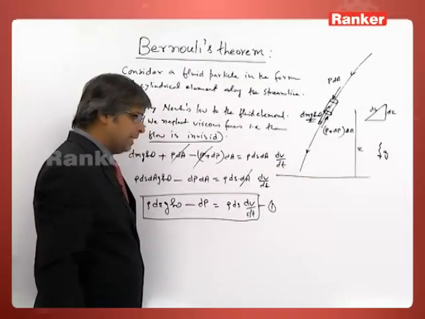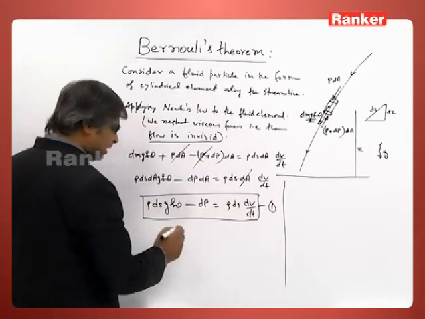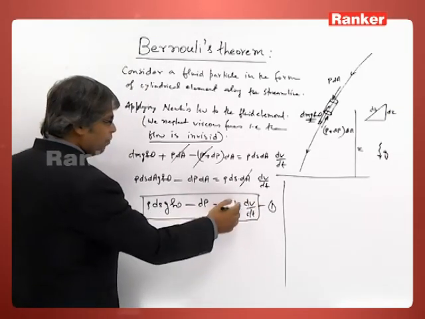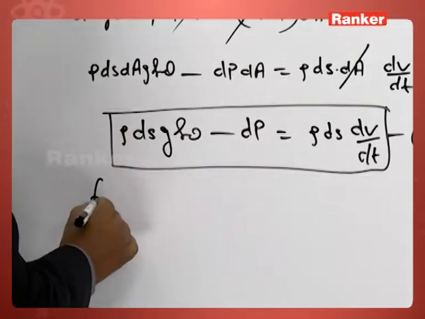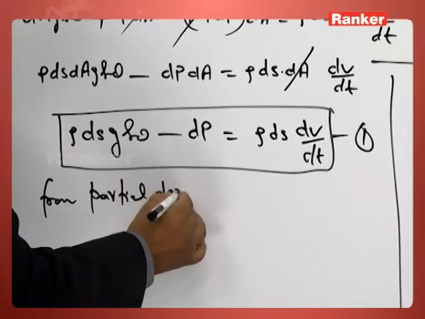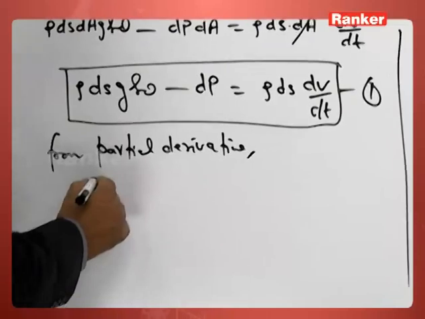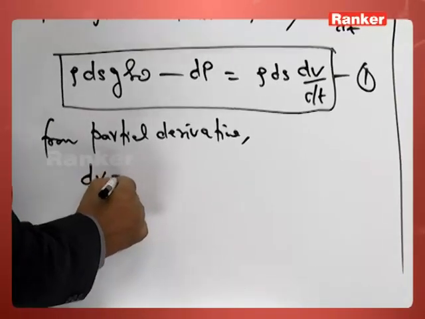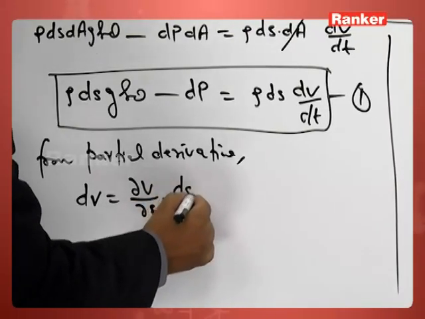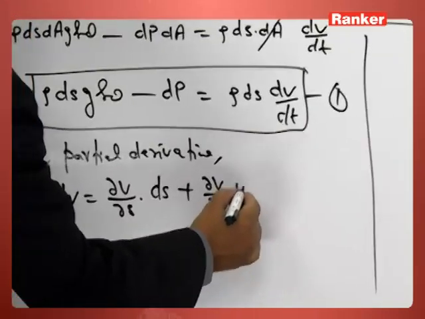We want now dv by dt. In order to calculate dv by dt, I have to use the result of partial derivatives. So dv is equal to dou v by dou s into ds plus dou v by dou t into dt.